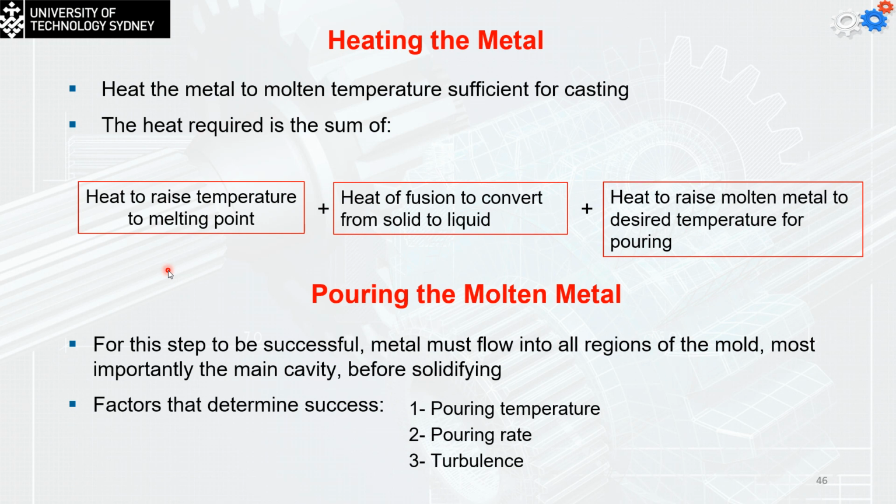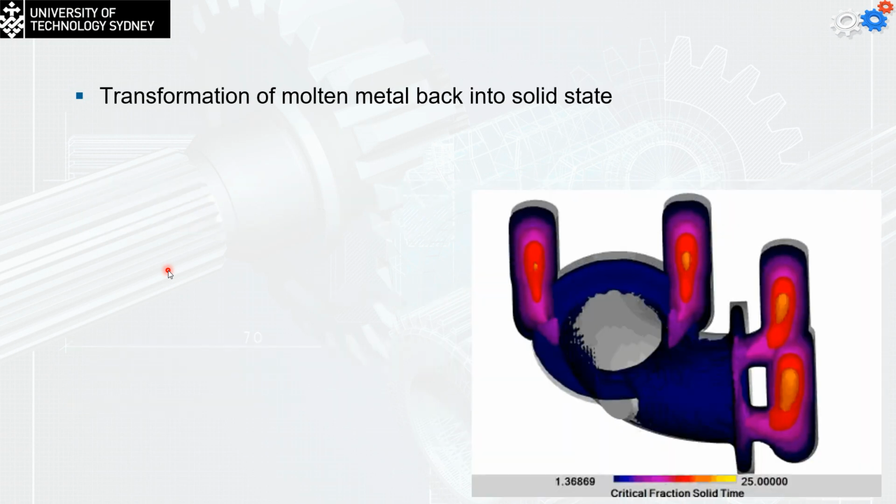To pour the molten metal, we need to care about the pouring temperature, the pouring rate, and the turbulence that may occur. Turbulence is some backflow that tries to resist the flow of the metal inside the cavity.